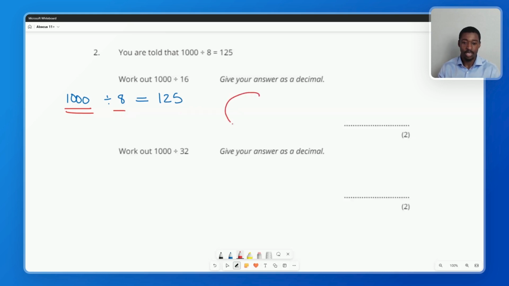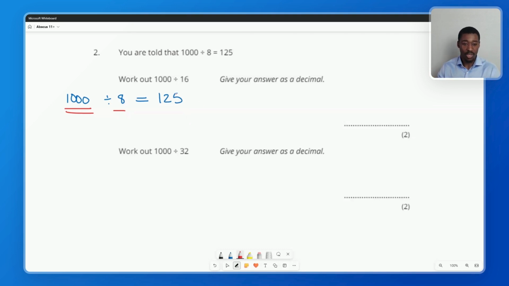And if we divide that pizza into 2 or into 3, if we're fair, we're dividing it into 2 or 3 equal pieces, equal sections. So back to our question, if we know 1,000 divided by 8 is 125, that means when we take 1,000 and we divide it into 8 equal sections, each section will be equal to 125.